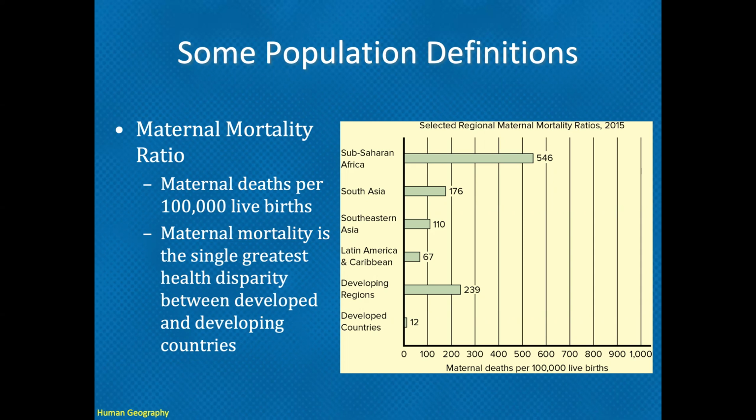In the United States, even in the middle of the most rural of places, there are still good enough hospitals to be able to deal with complications during pregnancy. Okay? Things like a breech birth or the need for a cesarean section. That's not the case in other parts of the world. So look at the difference between developed countries and other places. Huge disparity. Okay?